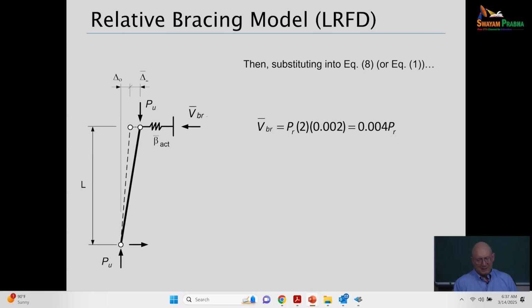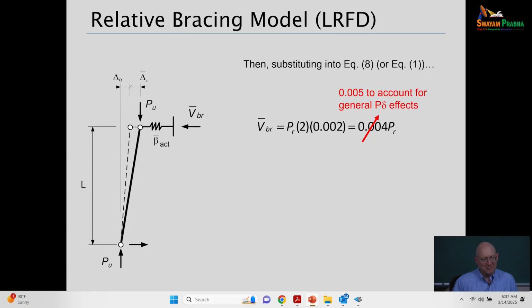The demand that we need to design that bracing for is, according to this derivation, 0.4% of the axial load in the column. I showed it as PU in the sketch. I should show it in the equation also. PR is PU.